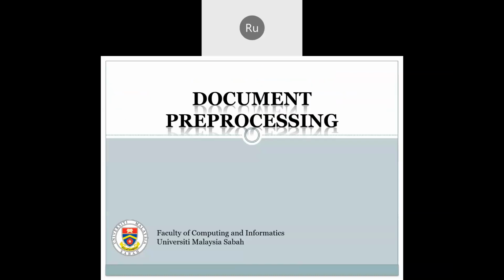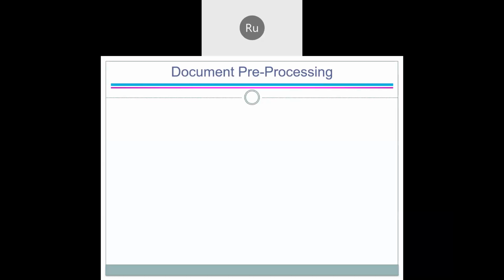Okay, last one. Looking at the metadata, looking at the text properties. We look at what document pre-processing we need to do in order to form the TF-IDF. Remember that in TF-IDF, we are supposed to have a list of unique terms that represent each document.